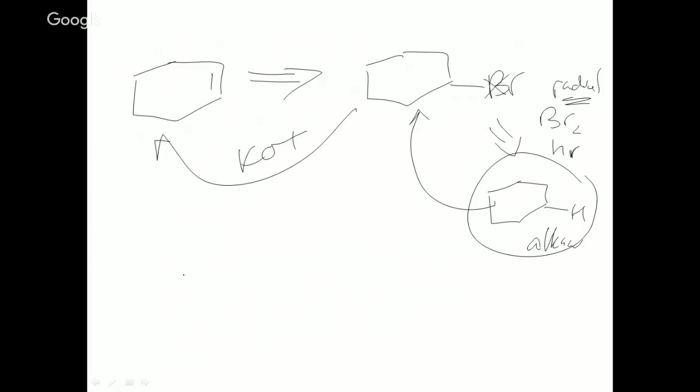Same thing for alkynes now. How would you make an alkyne? We'll see these are very useful. Terminal alkynes are very useful. So how would you make those? You could say NaNH2, LDA, potassium tert-butoxide, one of these non-nucleophilic bases. And how do you make that?